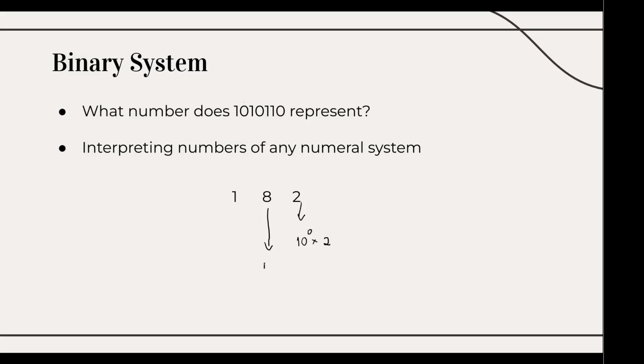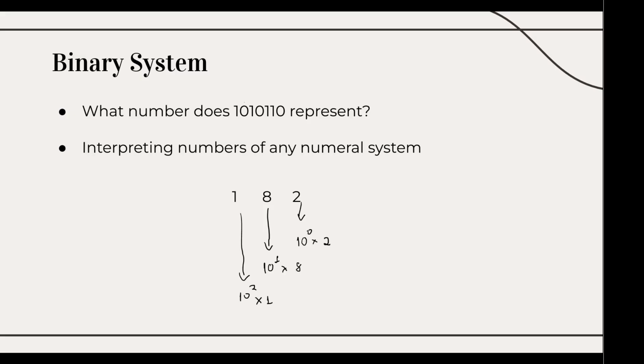Here we would have 10 to the power of 1 times 8, and here we have 10 to the power of 2 times 1. So what I'm doing here is very simple. I'm getting the base number from the system that we're using, which is 10.